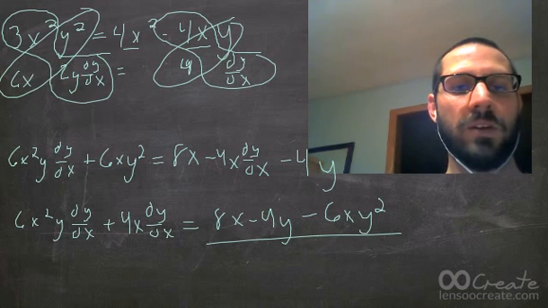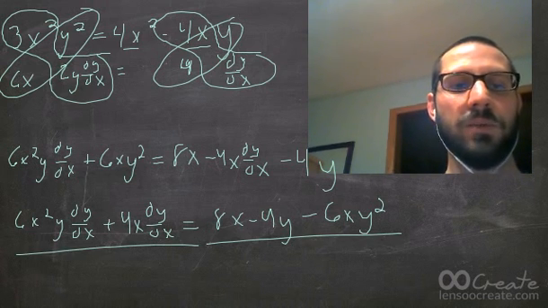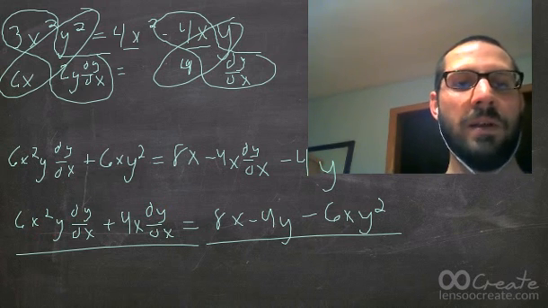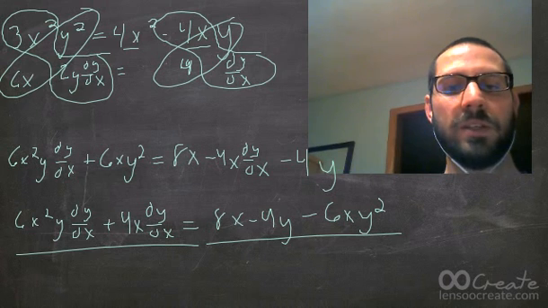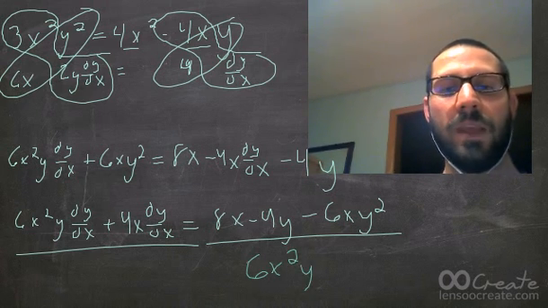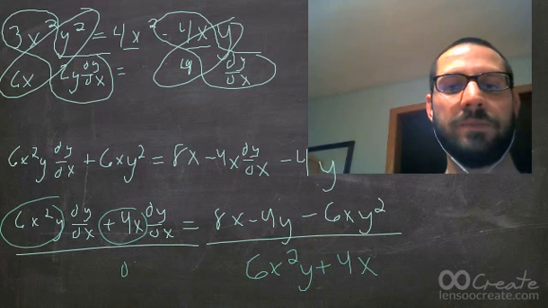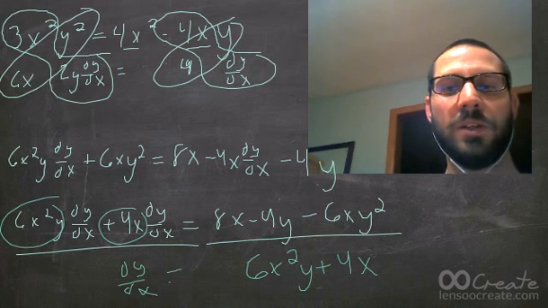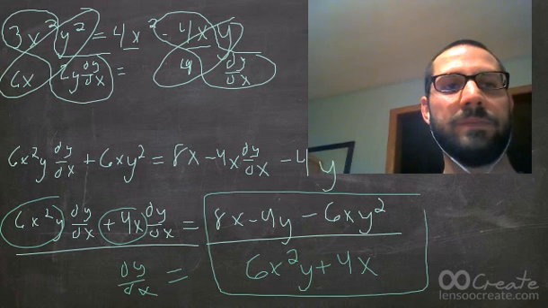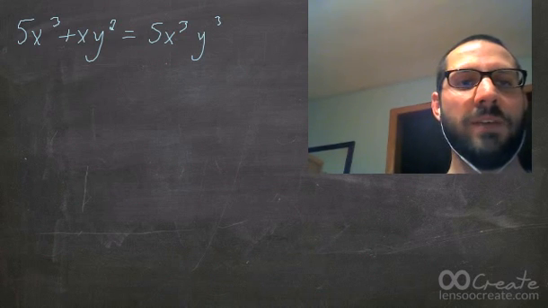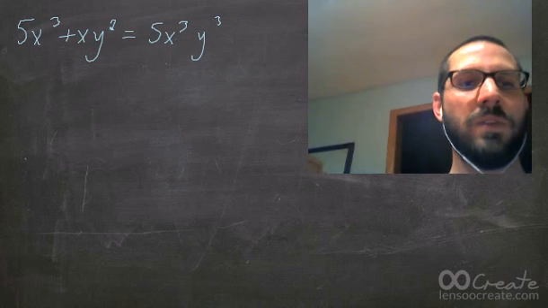I'm going to go ahead and pretend like I factored out the dy/dx on this side and was left with a 6x squared y plus the 4x. And then I'm dividing by the 6x squared y plus the 4x coming from right there. And I'll be left with the dy/dx on this side. There's our dy/dx.